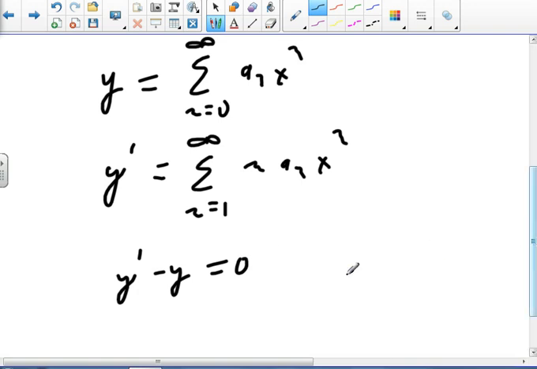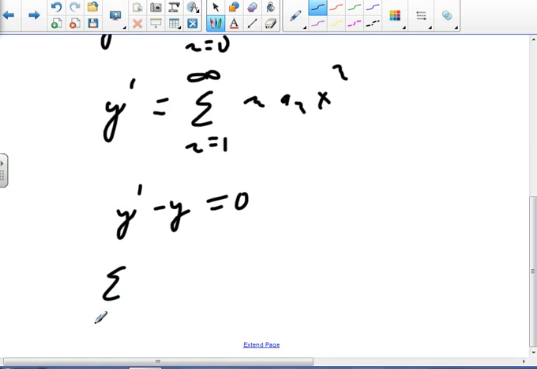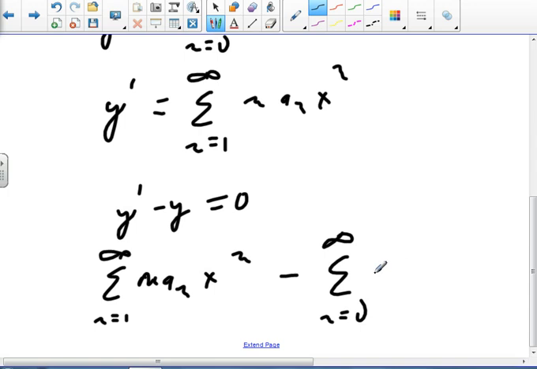What does that mean? Well, that means that the summation n equals 1 to infinity of n a_n x to the n minus 1, minus the summation n equals 0 to infinity of a_n x to the n, is going to be 0.